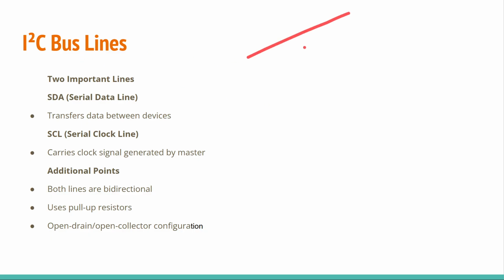Then the I2C bus. Already I have mentioned 2 lines will be there: one is clock and another one is data. In I2C, data is called the serial data line or SDA. Clock is called the serial clock line or SCL.